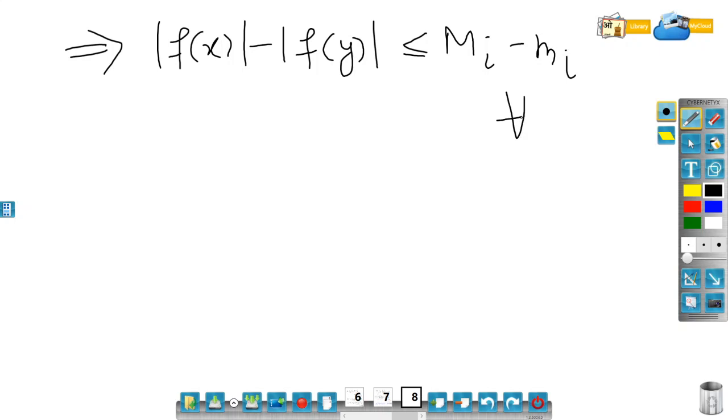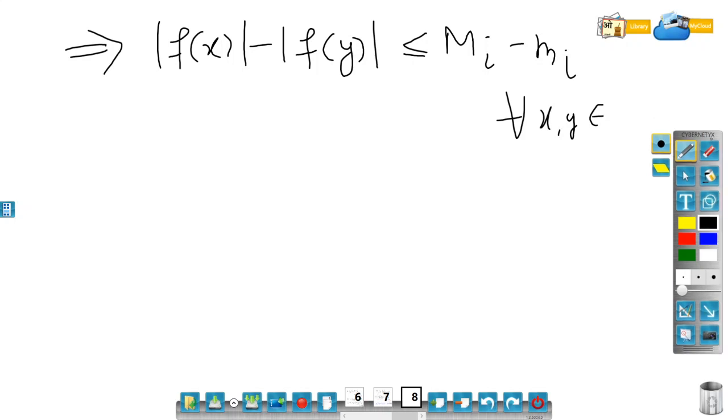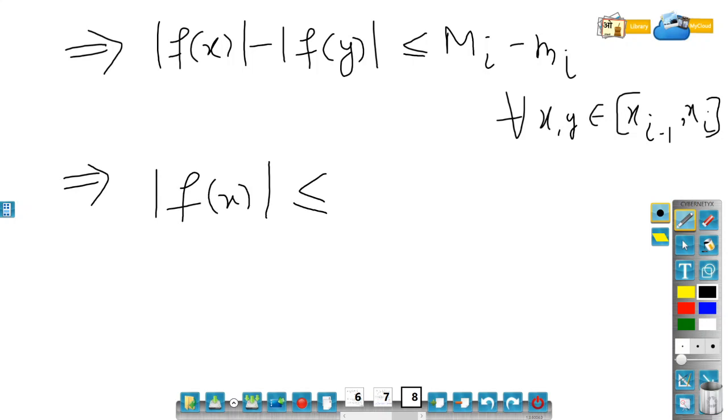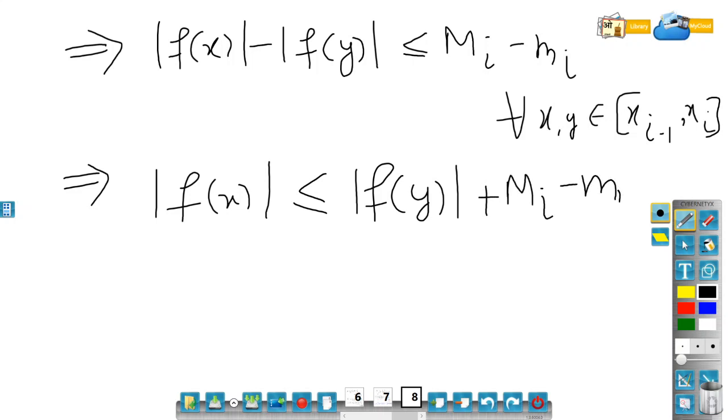This holds for all x, y belonging to the interval xi minus 1, xi. Now this would imply, let me write down, mod fx is less than or equal to mod fy plus capital Mi minus small mi.